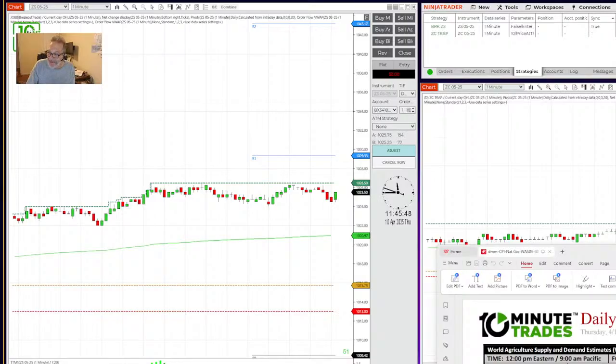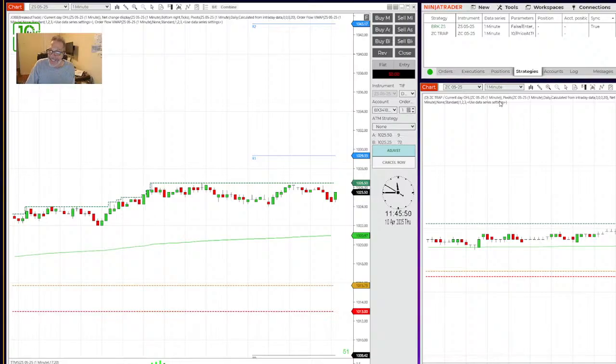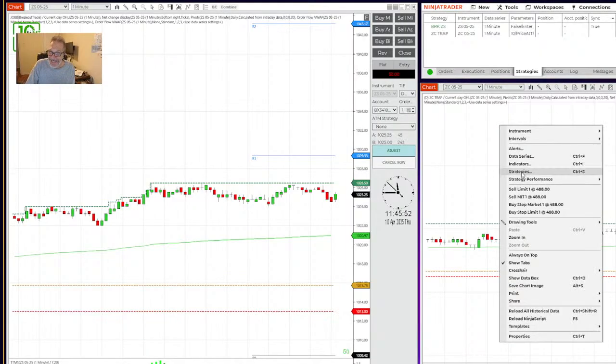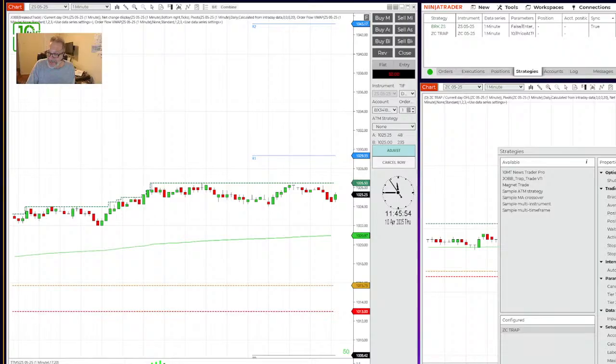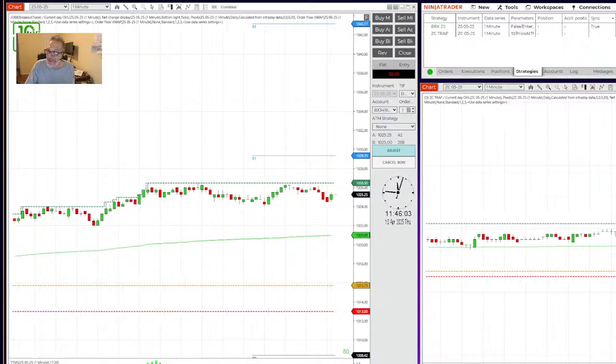I forgot to put the time back to where it's supposed to be. 11:59:55 on the time on the trap. You don't want the orders sitting on the chart 15 minutes before the trade. All right, that's what I was doing.